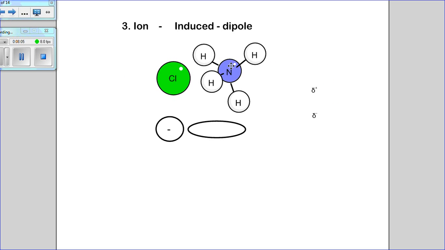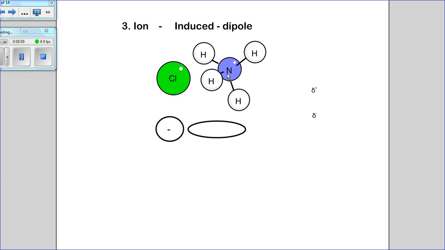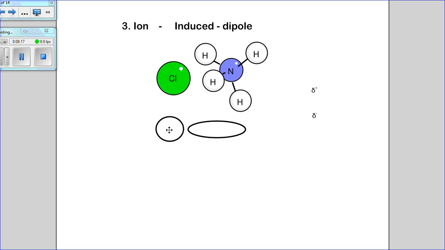Now, when we look at this CH4 molecule, it's a symmetrical, non-polar molecule. There isn't a negative side or a positive side to it. So when a negatively charged ion comes into contact with a non-polar molecule, it doesn't readily dissolve, because the electrons are evenly distributed in this non-polar molecule.